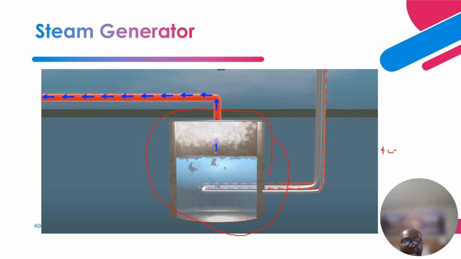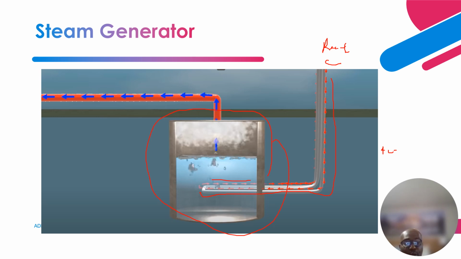You have the steam that is generated from the reactor containment, and that flows over here. So you have another water that is in the steam generator.